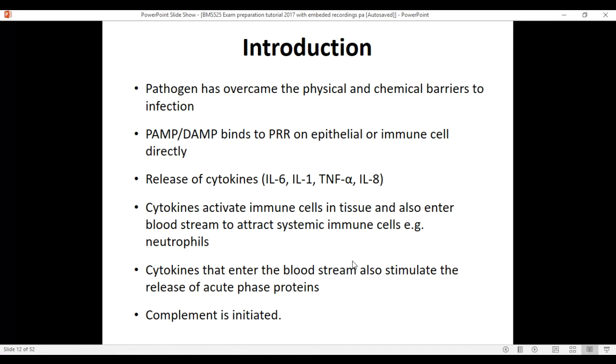So how did the immune process get to the point where complement activation had occurred? And I'm just going to take you through an example of how you would go through that. Because of course the main thing to be careful of here is that the introduction needs to be concise.